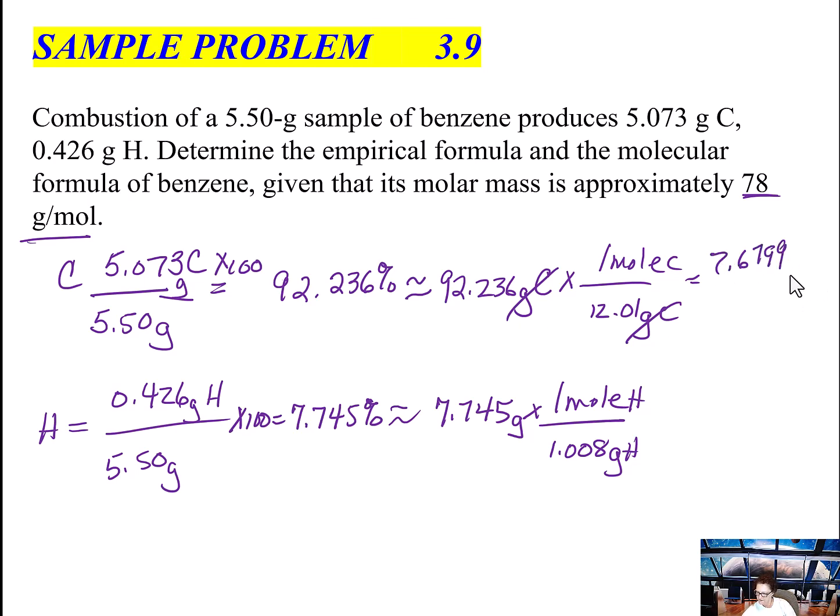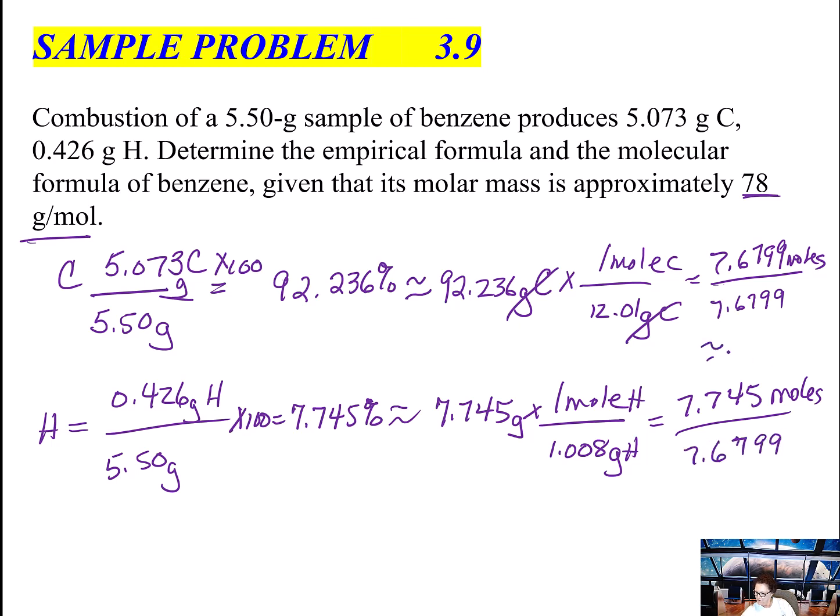7.6799 moles, and this one's going to give me 7.745 moles of hydrogen. So remember what I've got to do. You can kind of tell it's a 1-to-1 already, but technically we're supposed to divide by the smallest one, which is the 7.6799.